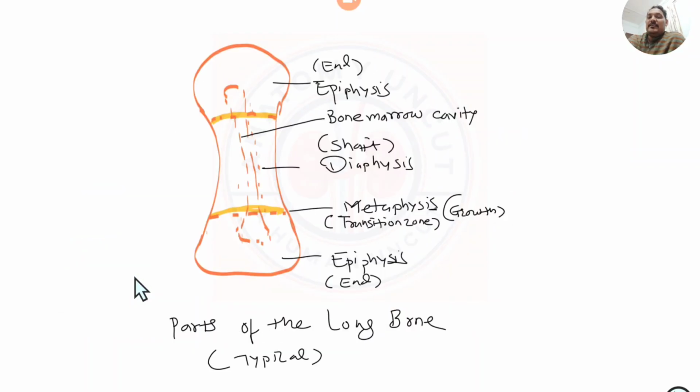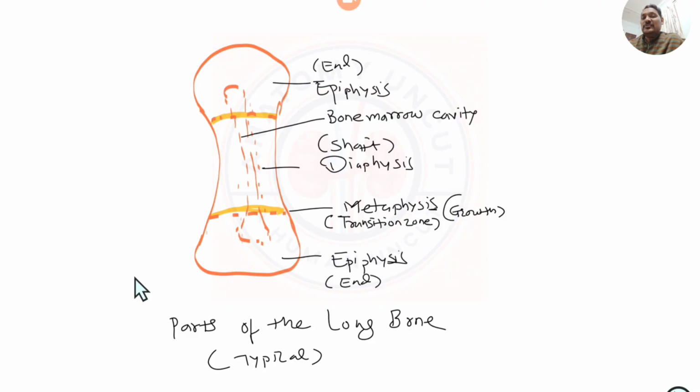Now, as I said, the bone becomes a very important topic. Why? Obviously, the bone is the building material of your body. Without the bone, there is no support to the body. Without the bone, there is no attachment of the muscles, no attachment of the tendons, no ligaments, no joints, no calcium, no phosphorus, no blood.